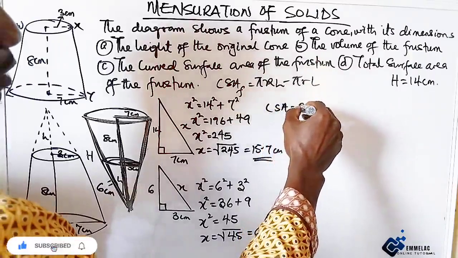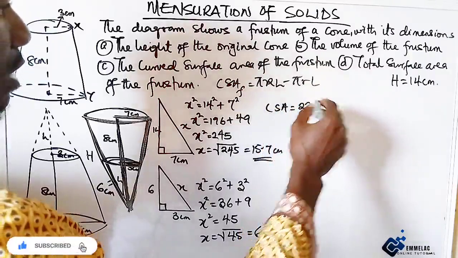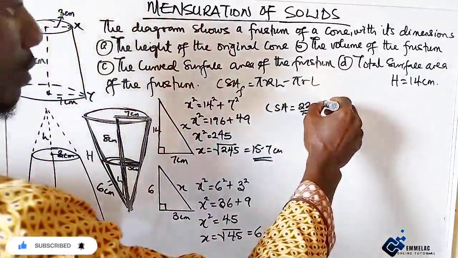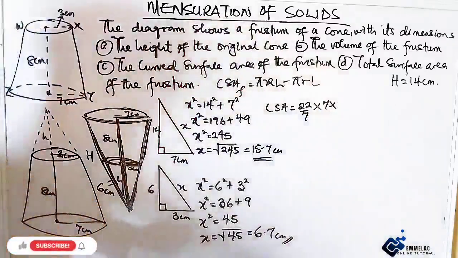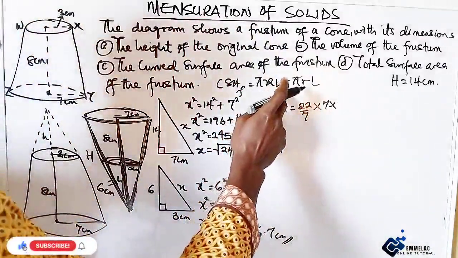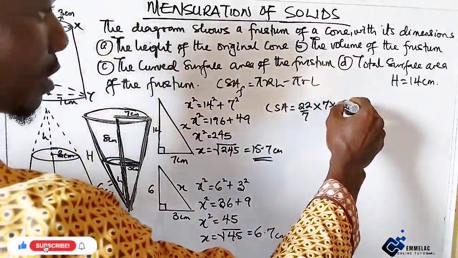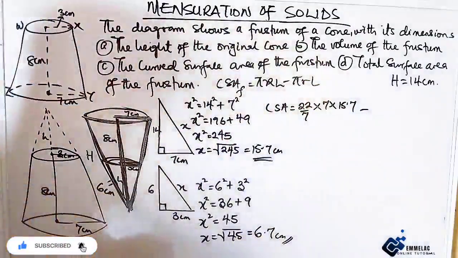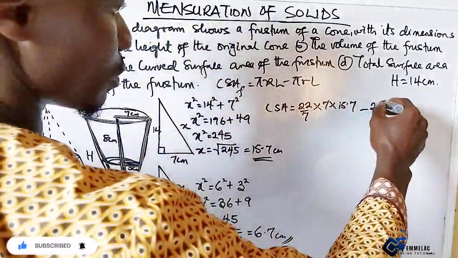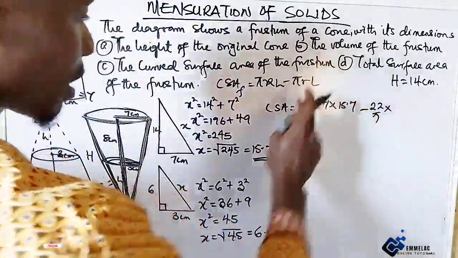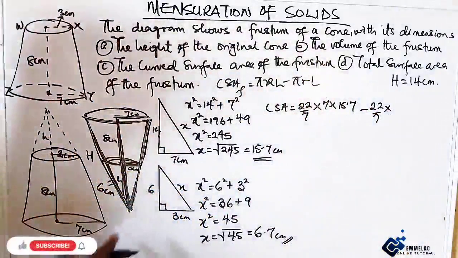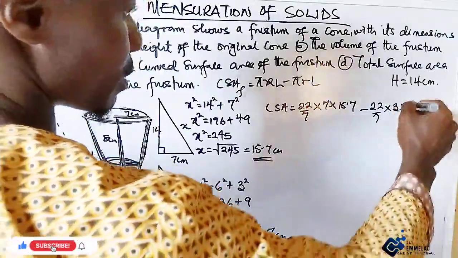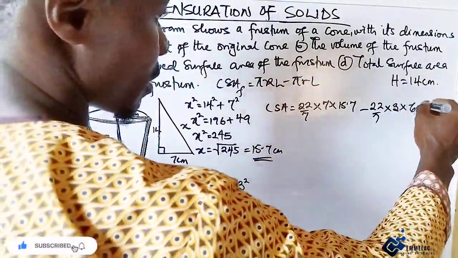Here we have 22/7 times the bigger R for the bigger cone is 7, times the bigger L here, we have 15.7, then minus 22/7 times the smaller radius, that will be 3, times 6.7.